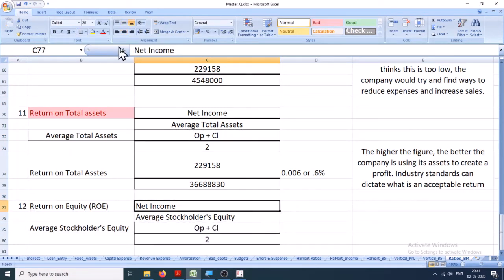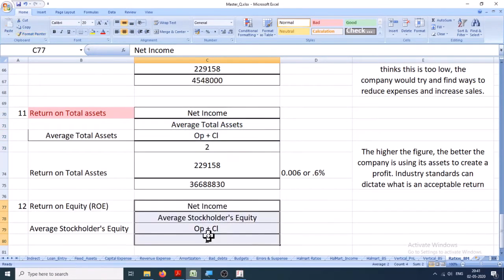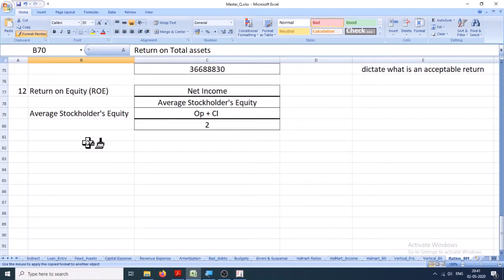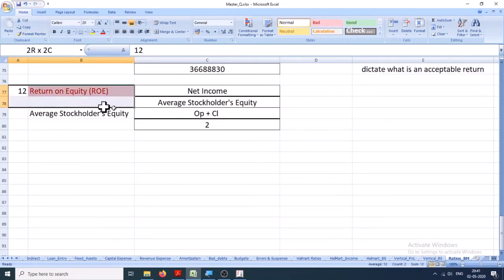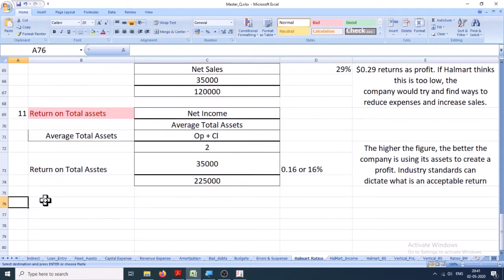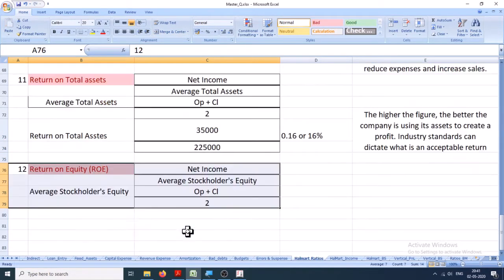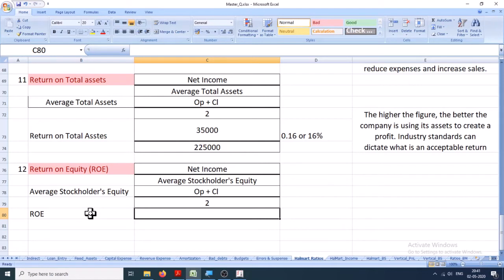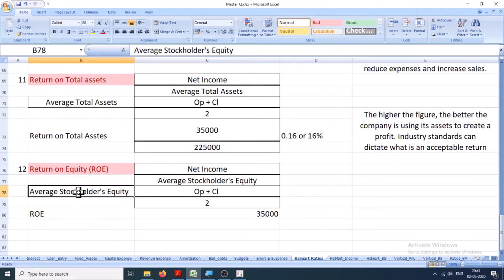Let's first try it for Hallmark ratios. Return on equity, ROE, will be net income, which is 35,000, and the average stockholders' equity.